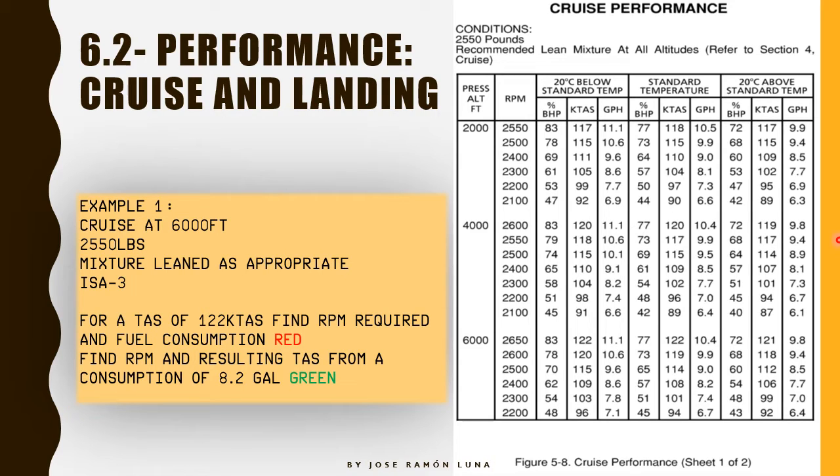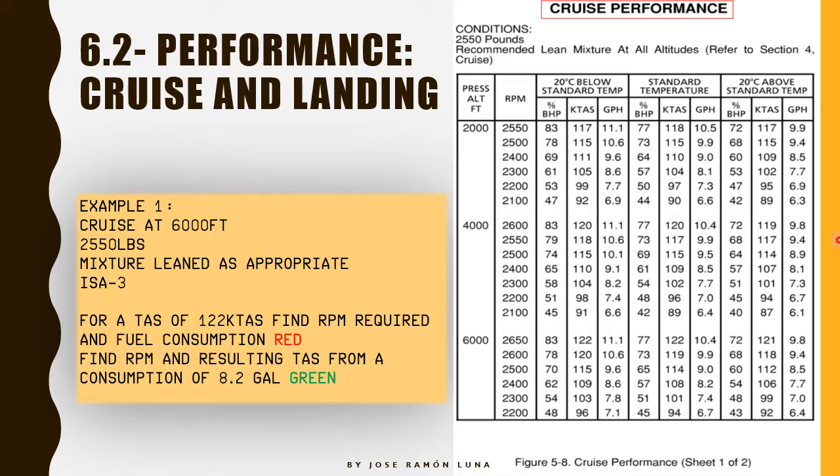For a true airspeed of 122 knots, find the RPM required and the fuel consumption. We're going to set that in red. Also find the RPM and resulting true airspeed from a consumption of 8.2 gallons, and that's going to be done in green. So basically there are 2 examples in one. Anyway, let's get started with the charts.